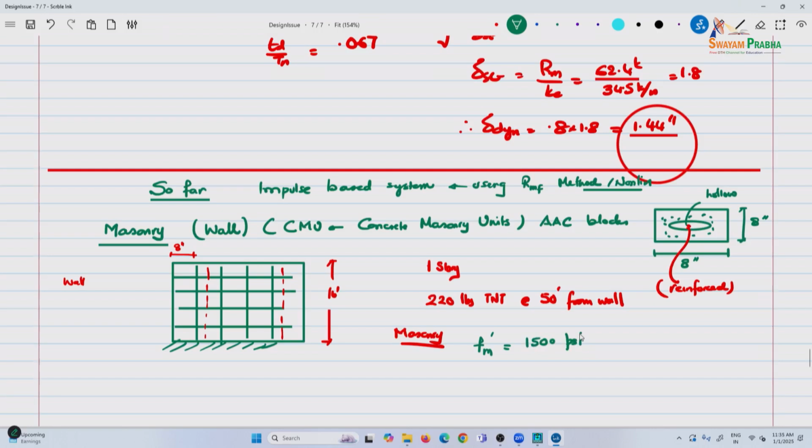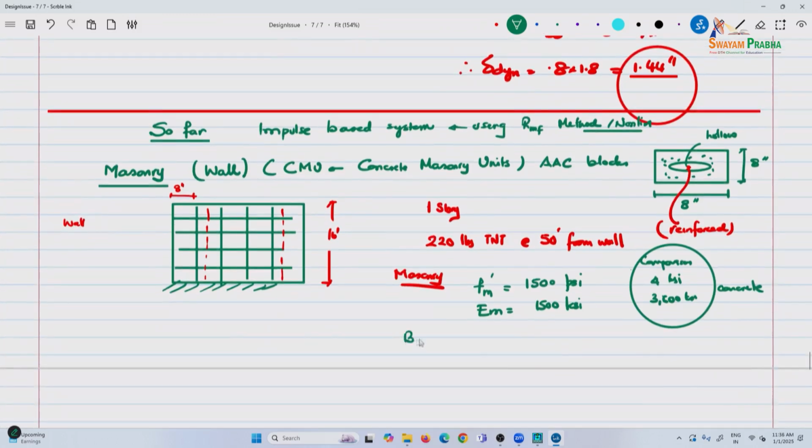For masonry units, if concrete is 4 KSI, this is 1500 PSI, so between 1/3 and 1/2, and the modulus is also of the same order, PSI to KSI. Just as a comparison, concrete is 4 KSI and 3600 KSI. This is just a comparison. Bars are still 60 KSI.